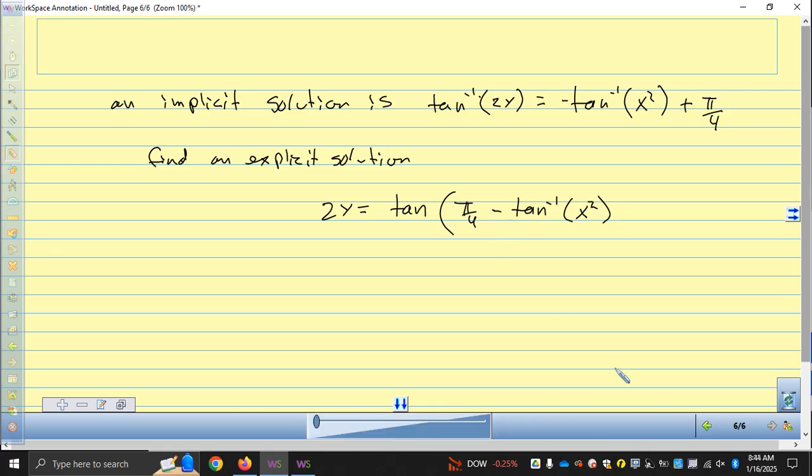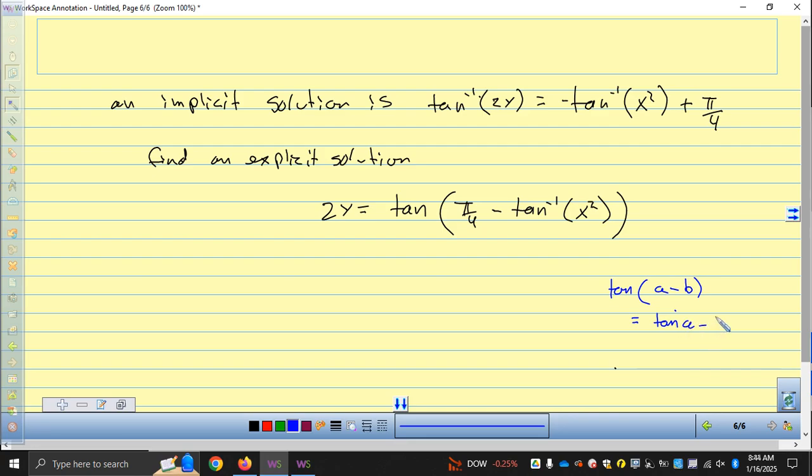Well, that's okay-ish. Somewhere in the back of our memory, we should remember that there is a formula for the tangent of the sum of two angles. There is tangent of a plus b, or sorry, a minus b, because we have a minus there.